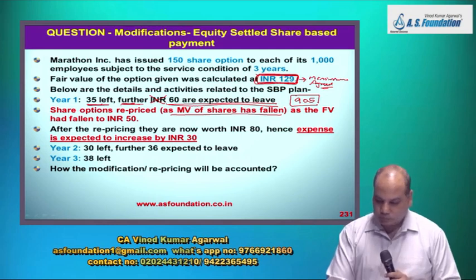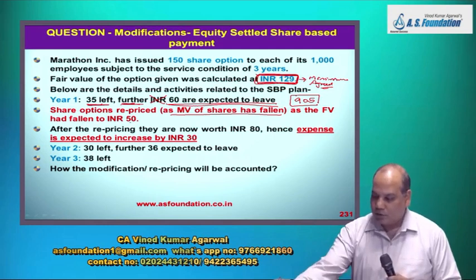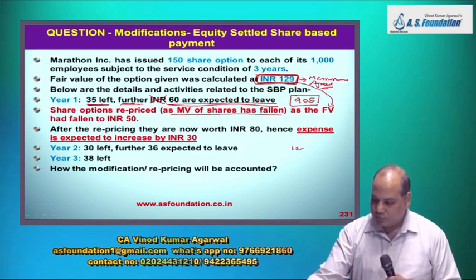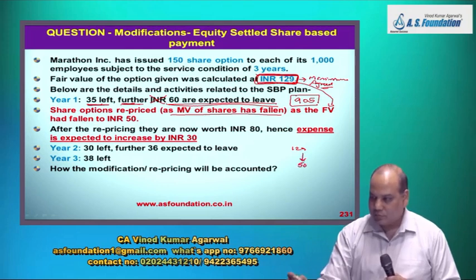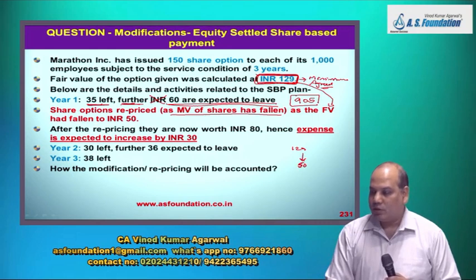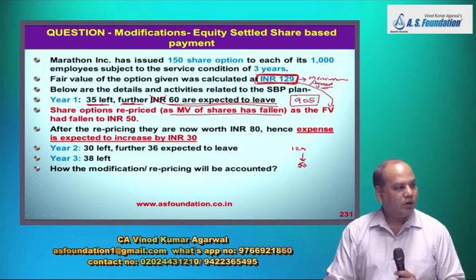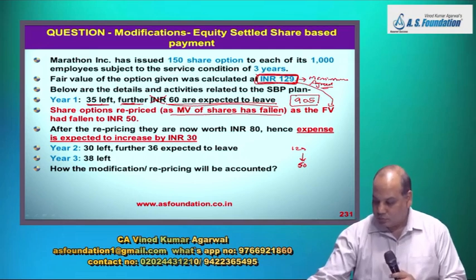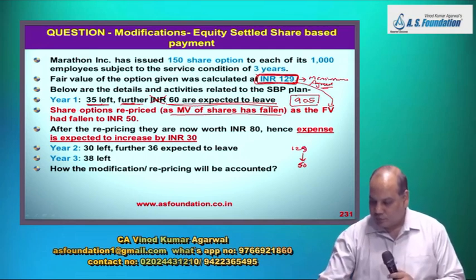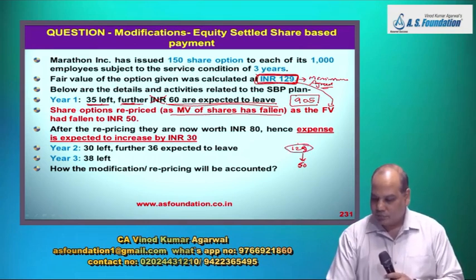Now the fair value has gone down from 129 to 50. So will I give the effect of this decrease? The answer is no. So we will continue to account at the same 129.